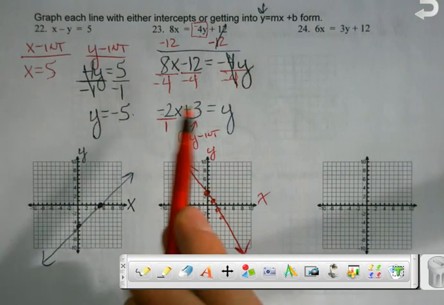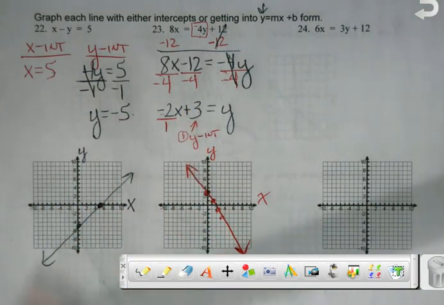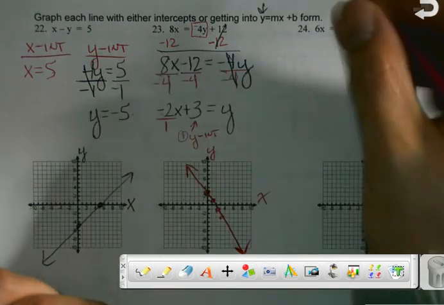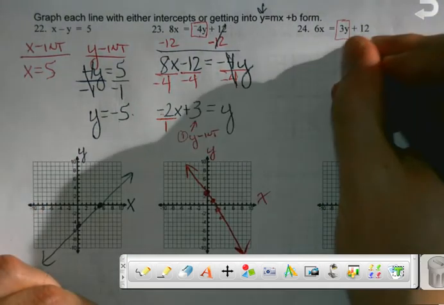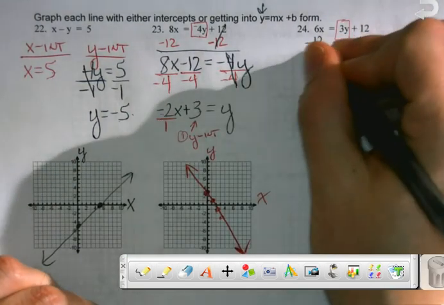Either method would work on these. Doesn't matter which one I choose to use. So the same thing would be working on this last one. If I chose to do the y equals part, I'd minus my 12.